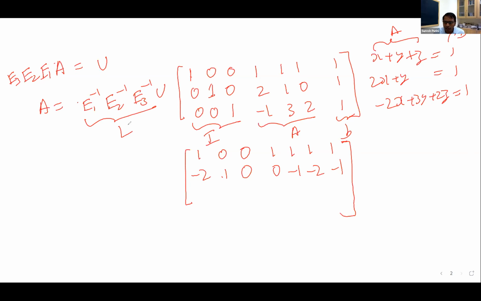So E2, E3, these are all elementary row operations that we are performing. There's a way to fix it. I'm just giving a logical view.